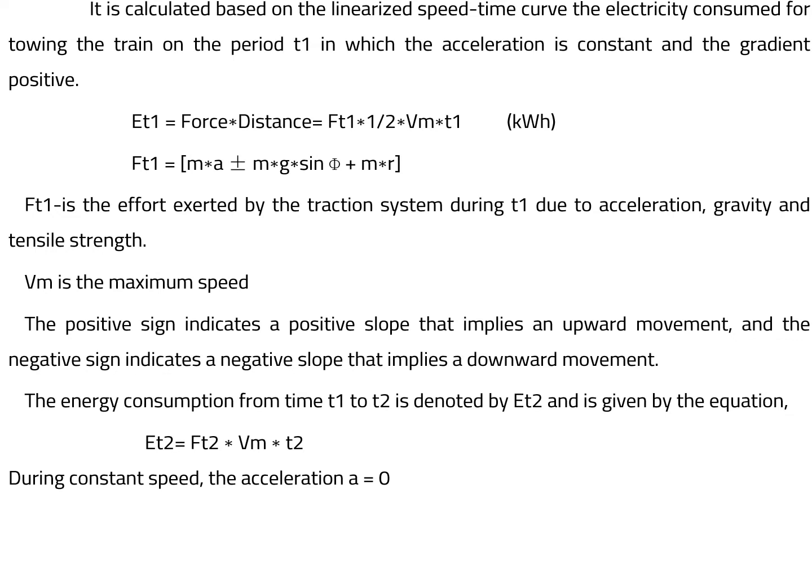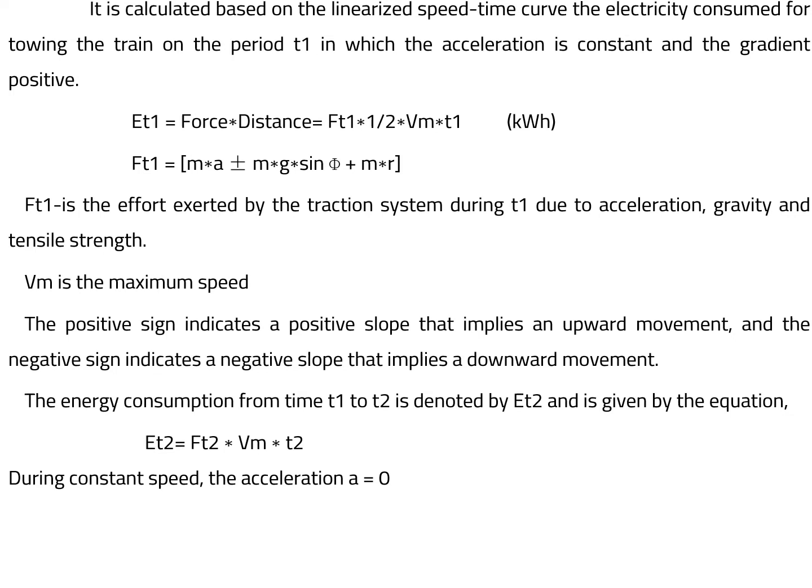The electricity ET1 equals force times distance equals FT1 divided by 2 times Vm times T1, FT1 being the traction effort exerted by the traction system during T1 due to acceleration, gravity, and tensile strength. Vm is the maximum speed. The positive sign indicates a positive slope that implies an upward movement, and the negative sign indicates a negative slope that implies a downward movement.